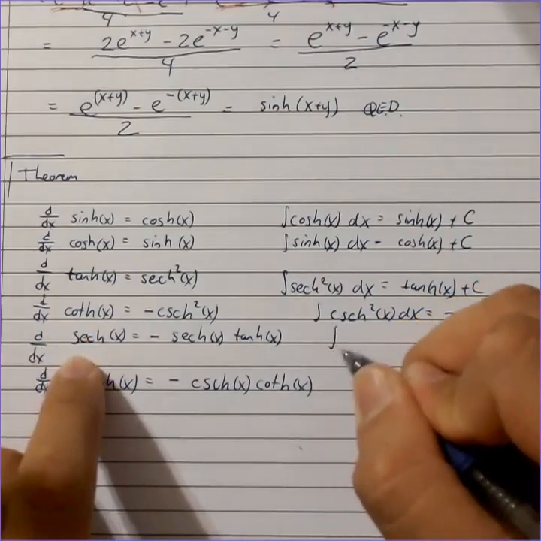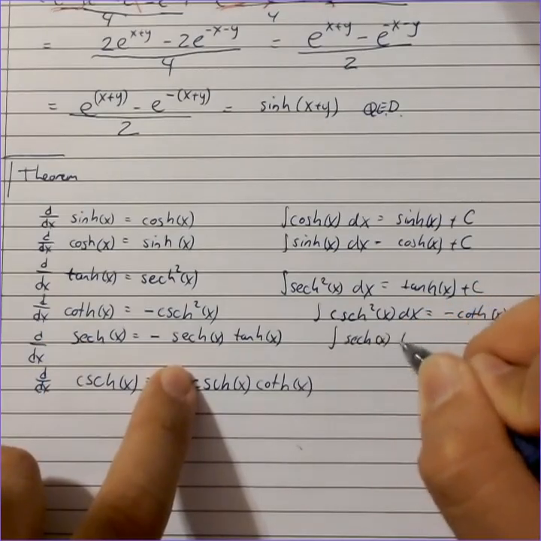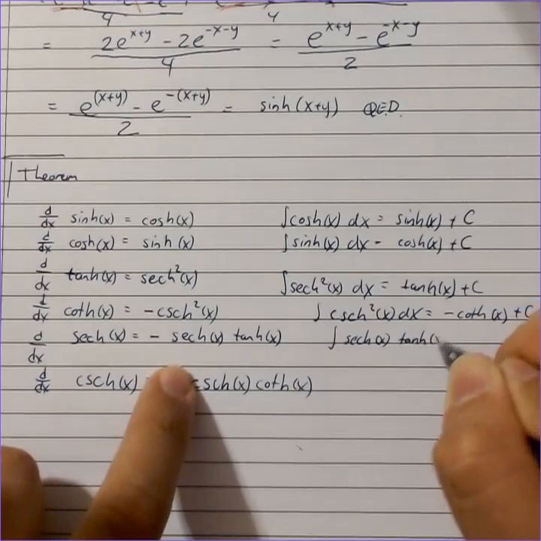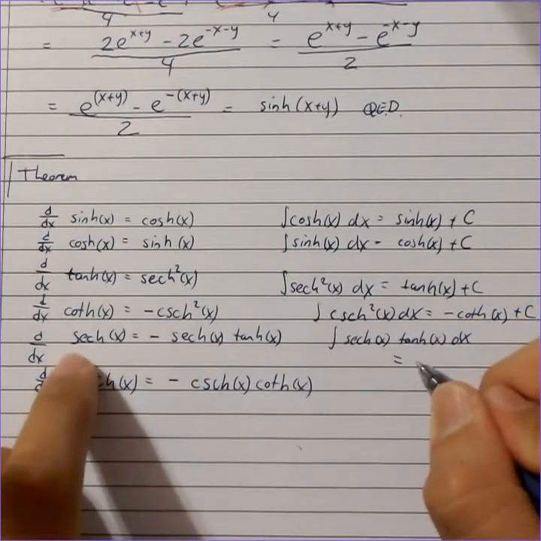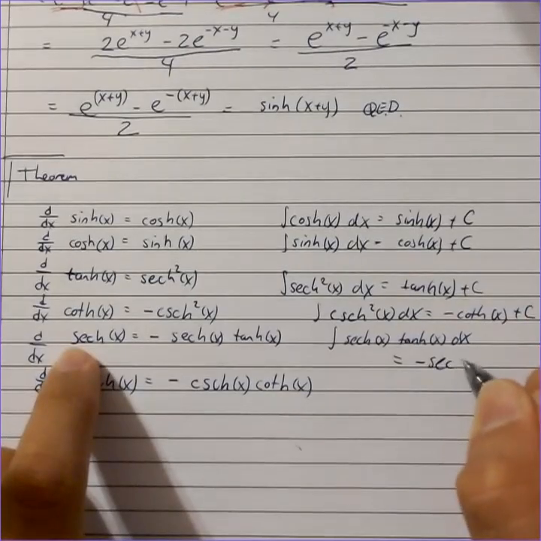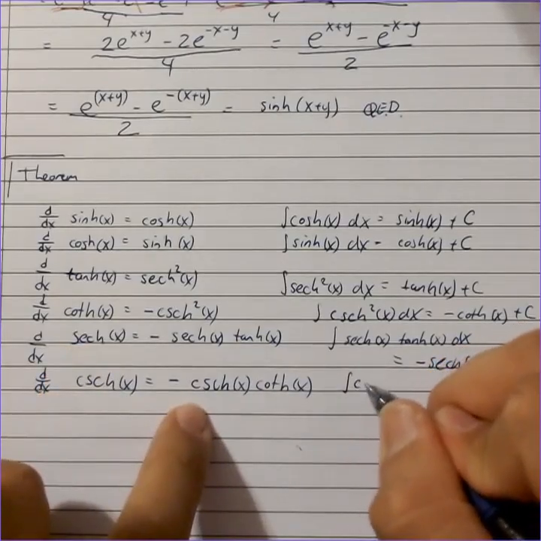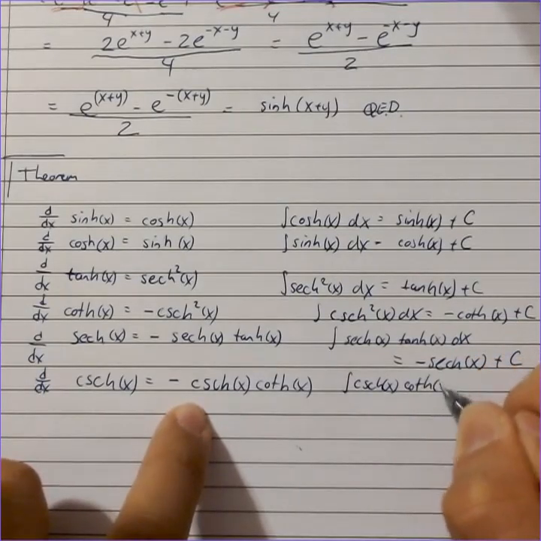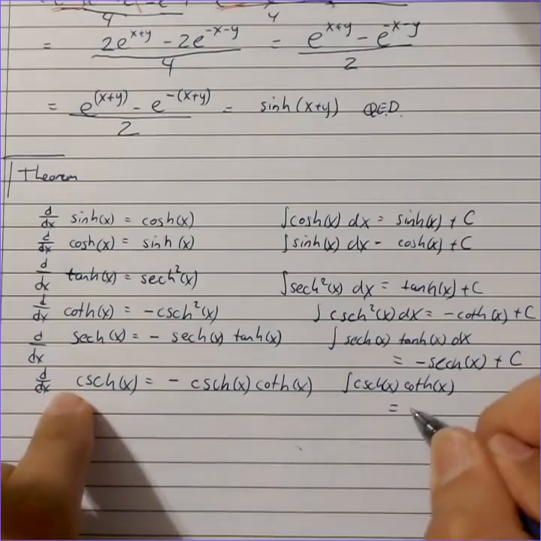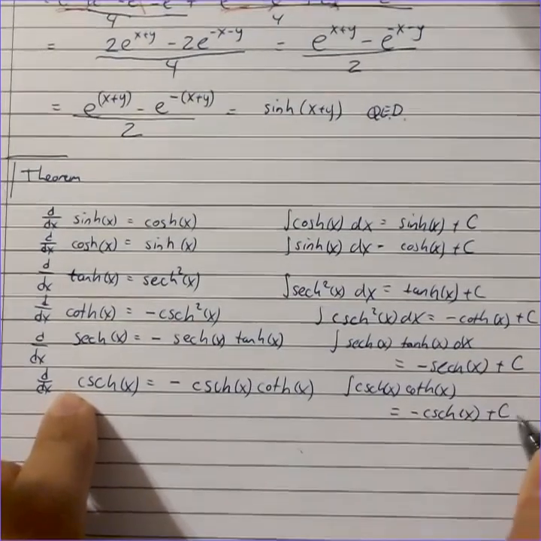Here the integral of sech of x tangent of x dx, that's going to equal to, again, the negative's got to go somewhere, negative sech of x plus our constant of integration. And finally, the integral of cosec of x cotangent of x is equal to negative cosec of x plus our constant of integration.